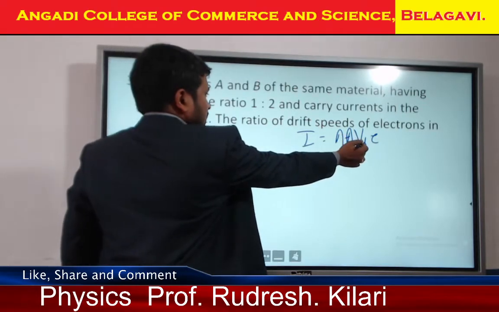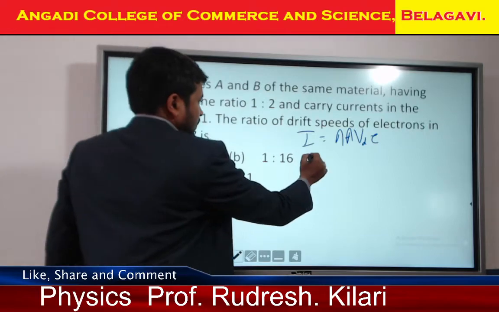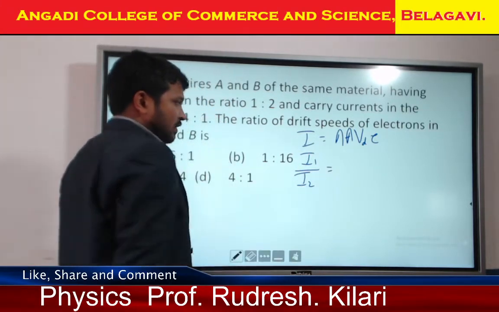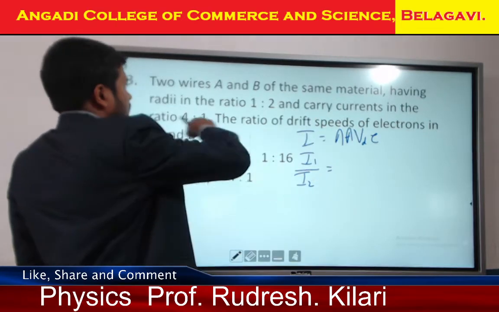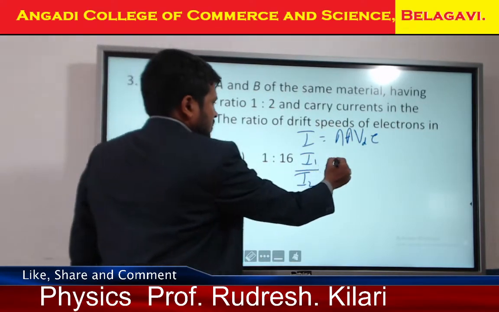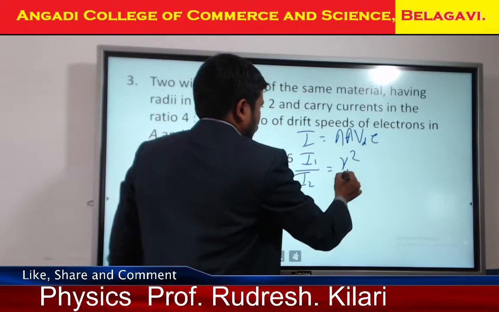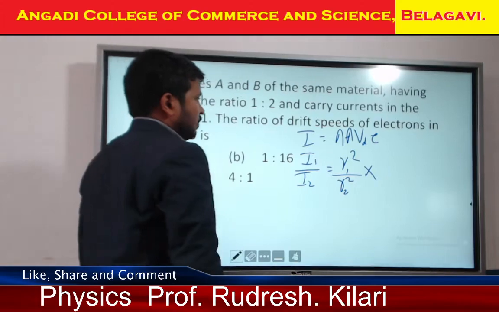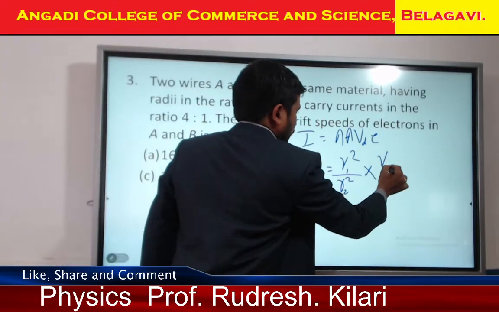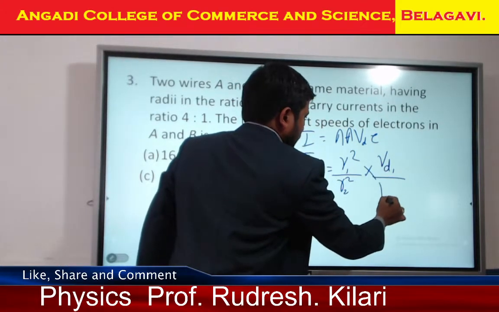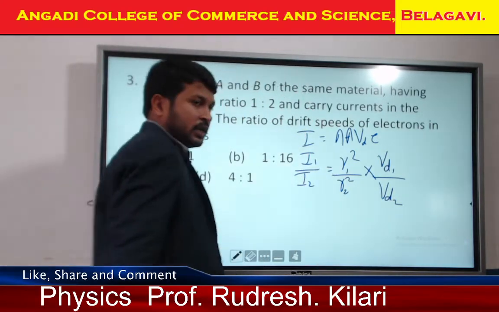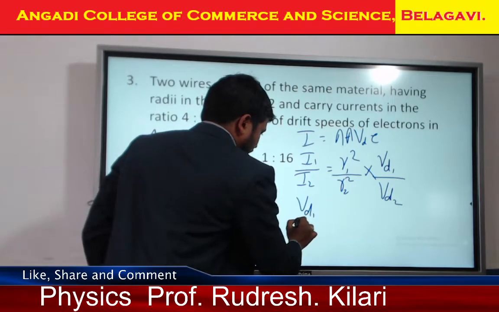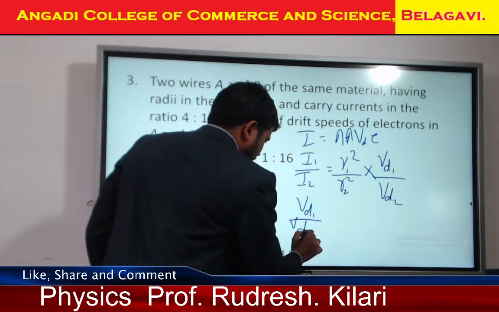Here I1 by I2 equals, what are the given things here? The radii are given. That is r1 squared divided by r2 squared into vd1 by vd2. Drift velocity they are asking, students, that is vd1 by vd2 equals.